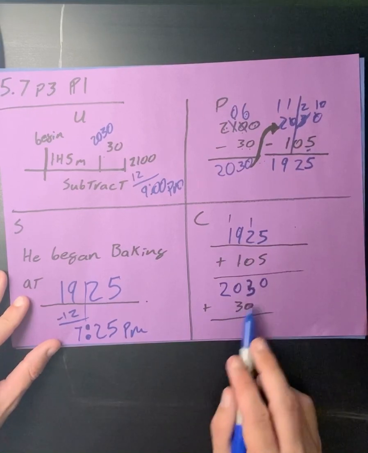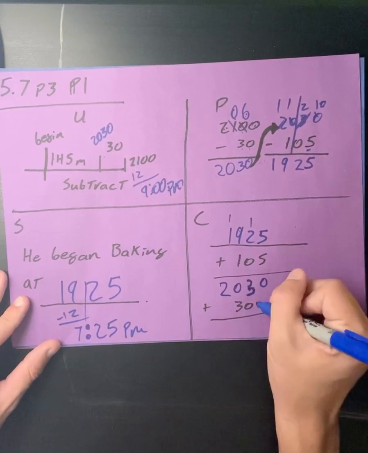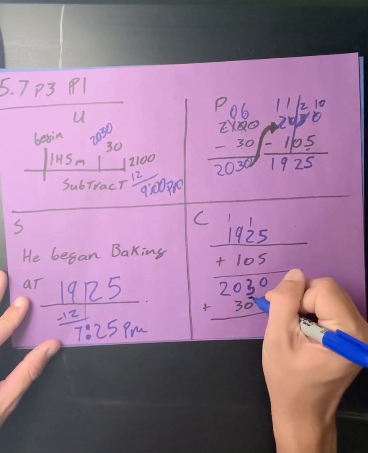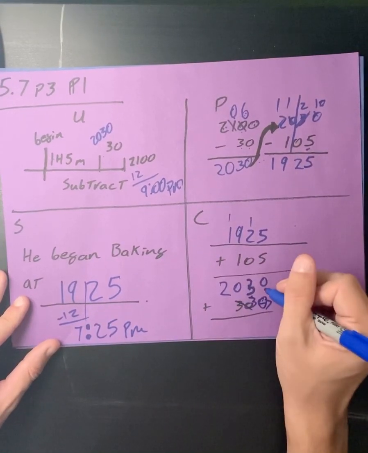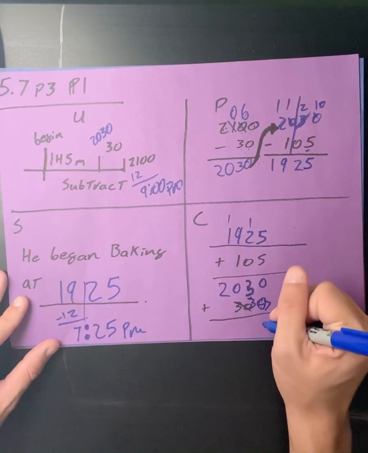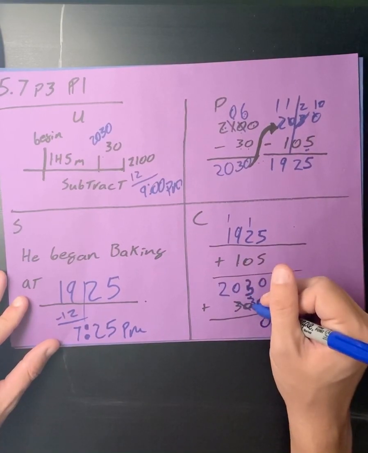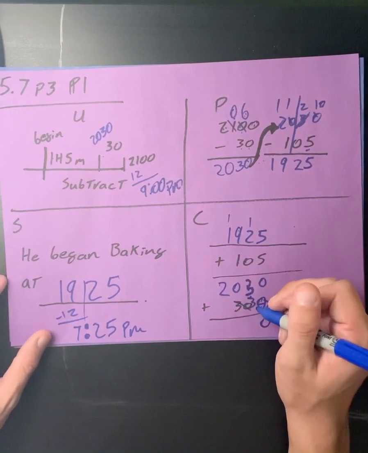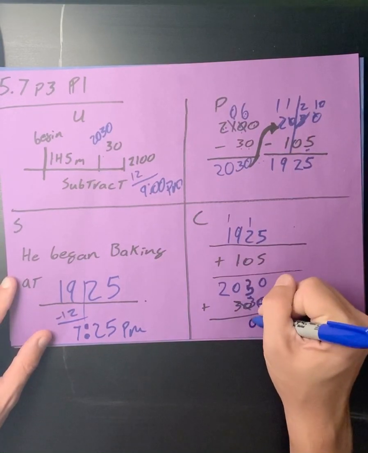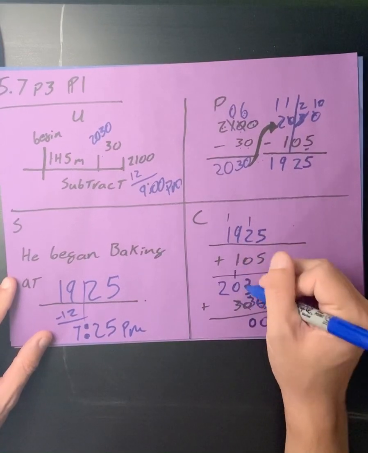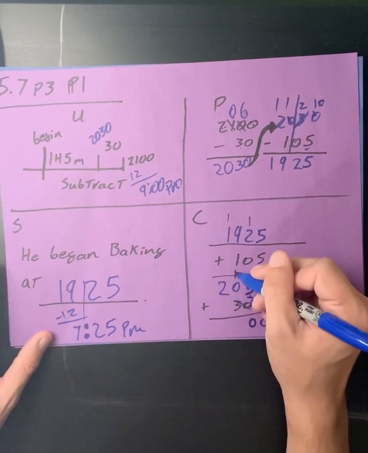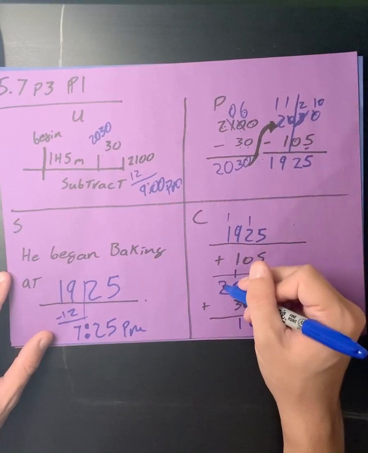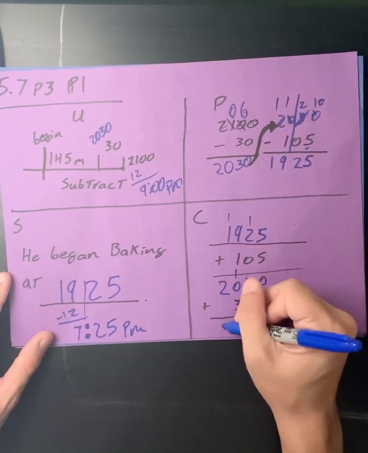If I add 2,030 plus 30, I know this is a little off. This 0 should be lined up with that 0. 3 should be there. If I add up 0 plus 0, that's 0. 30 plus 30, well, that's 60. 60 minutes is 1 hour, so I'll put a 0 here, carry my 1 hour into my hour spot. 1 plus 0 is 1. 20 plus 0 is 20.